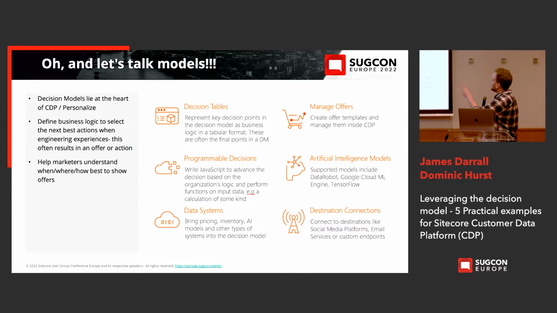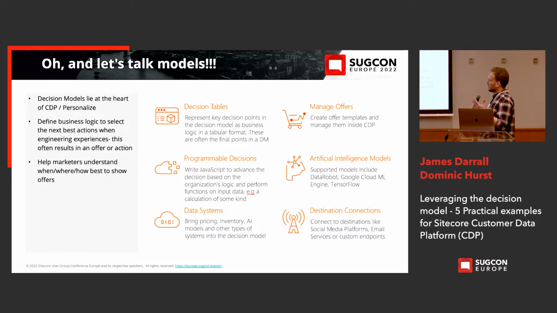There's a few key components that come into them, and we'll talk about some of these as we go through. Decision tables and programmable decisions, honestly, are the bread and butter of them. You'll be working with those mostly, especially when you've got a fairly straightforward decision model.